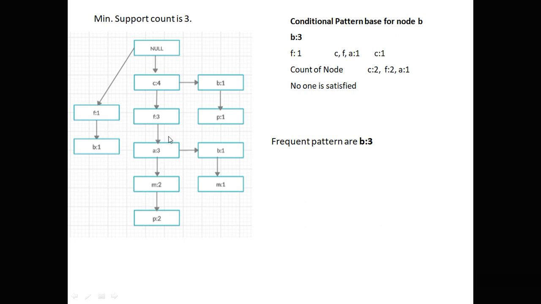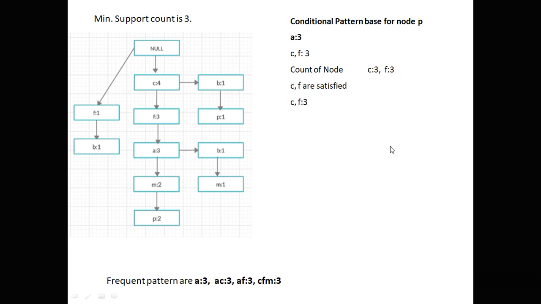Next, B is coming here, that is C1, and next CFAB. So these are CFA, F1, CFAB, and this is C1. And we count C2, F2, A1. No one is satisfied, so we can't generate the tree for the node B. So the frequent pattern is B3.